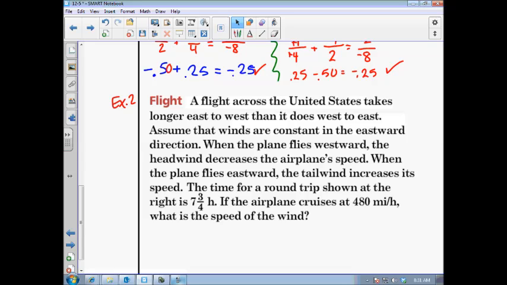Assume that winds are constant in the eastward direction. When the plane flies westward, the headwind decreases the airplane's speed. What's a headwind? Wind coming straight at you, blowing in your face, going against you.